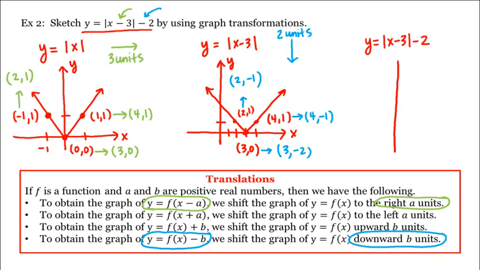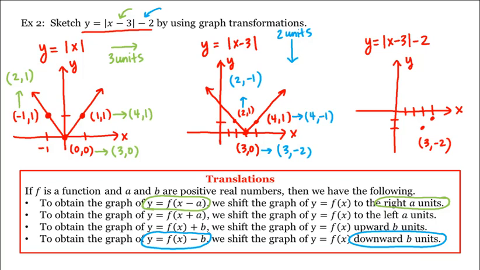It looks like this. So here's the y-axis, and here's the x-axis. So the point 3, 0 was moved to 3, negative 2. So we have this point here on our graph, 3, negative 2. And the point 4, 1 was moved to 4, negative 1.